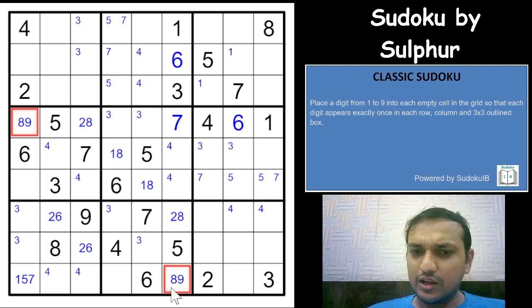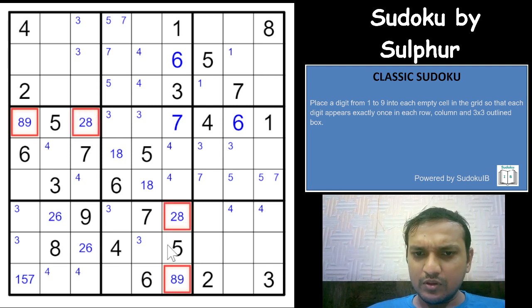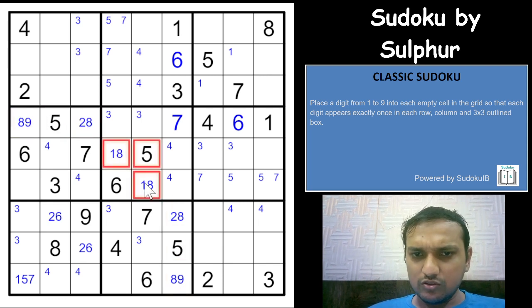Both of these cannot be 9 because both of them would be 8 here, and both of them cannot be 8 because both of them would be 2 here. Again you get that contradiction. So which means one of these two cells is an 8 and the other is either 2 or 9, and the same thing works here. So that means you will always get a 1 and 8 pair here.